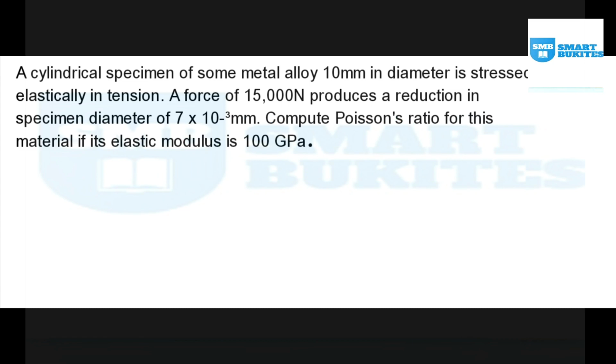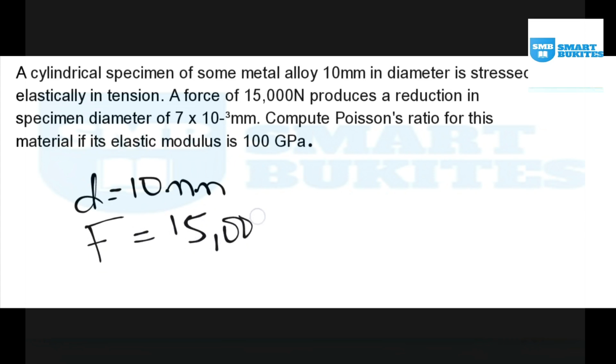In this tutorial we are solving a question under elasticity whereby we are told a cylindrical specimen of metal alloy, given that the diameter is 10 millimeters, is stressed elastically, that's elastic stress, in tension given a force of 15,000 Newton.